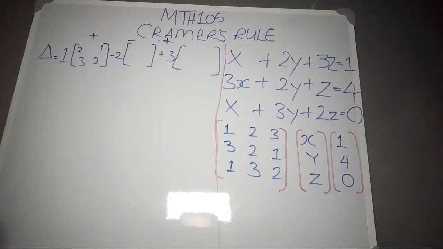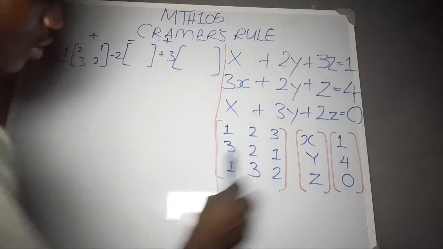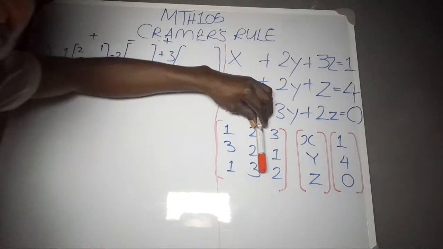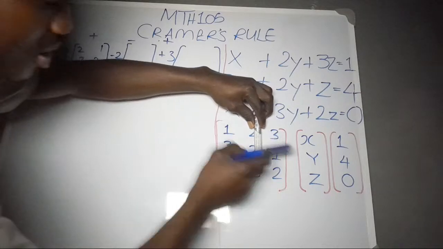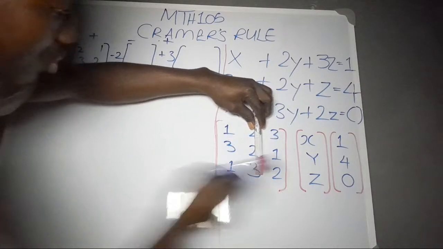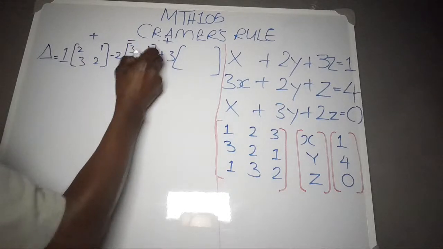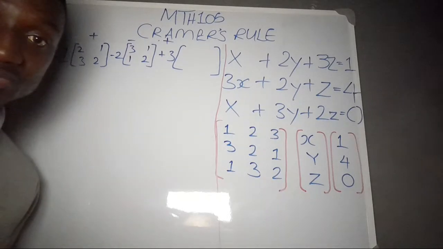Now for row 1, column 2, when you take this and this, you are left with 3, 1, 1, 2.